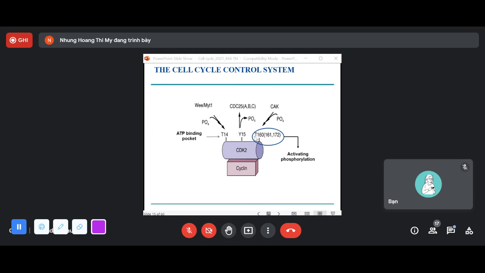These sites will be phosphorylated during stage 2, and the T14 and Y15 stay in the N terminal, and the T160 stays in the C terminal of the CDK.